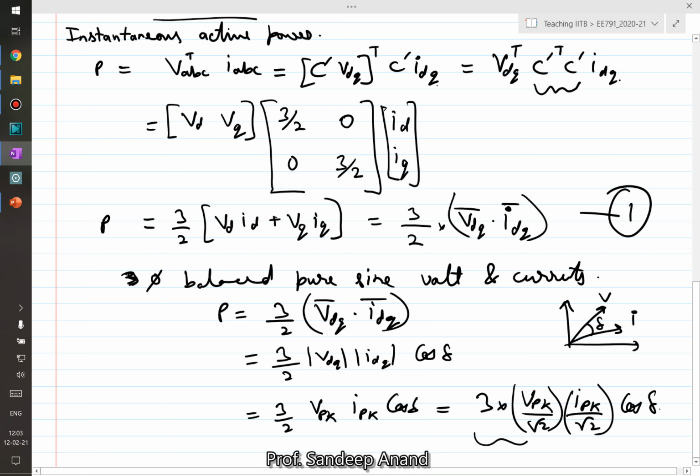If you see, this is the same definition, which is 3 times V into I into cos of the phase difference between voltage and current. So in a way this equation 1 is a more generalized equation, but if we find it specifically for a balanced pure sinusoidal voltage and current, then we get the same expression which we are aware of.